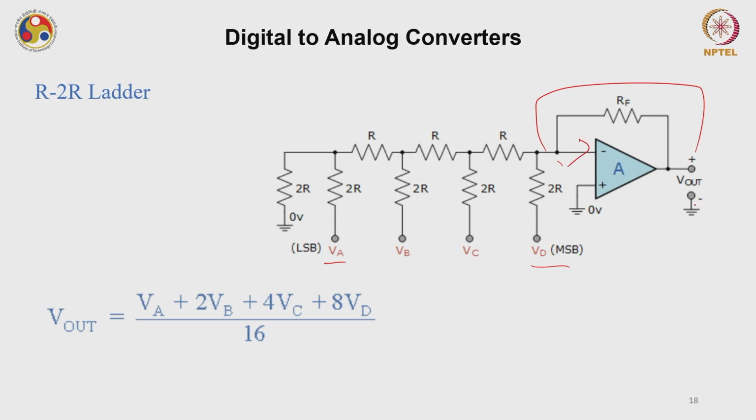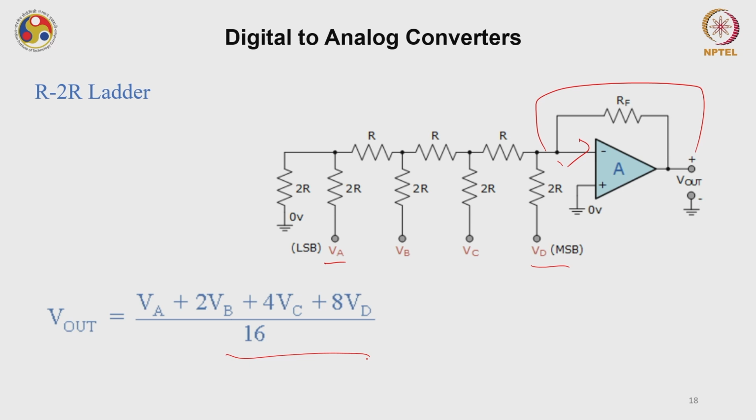If you calculate this V out, it will come out to be VA plus 2VB plus 4VC plus 8VD. You can do that by using Thevenin's theorem or even Kirchhoff's current law and Kirchhoff's voltage law. So V out comes out to be this.